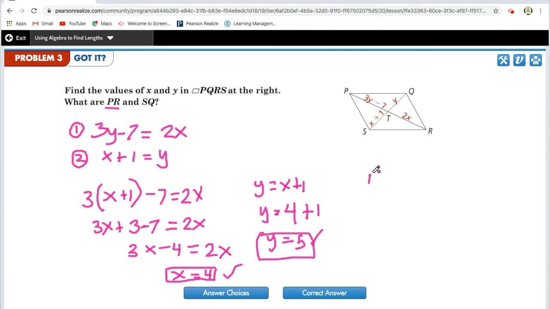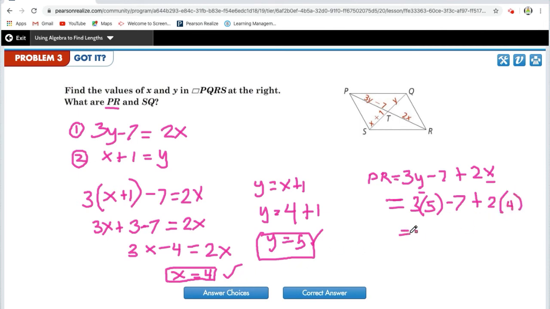So here, segment PR is equal to 3y minus 7 plus 2x. Now substitute our values of y and x. So this will be 3 times 5, our y is 5, minus 7 plus 2 times 4, the value of our x.